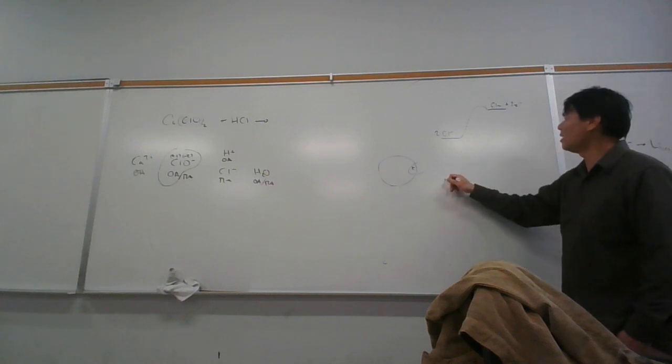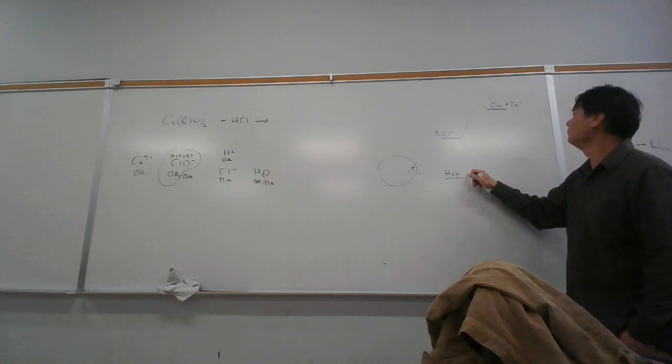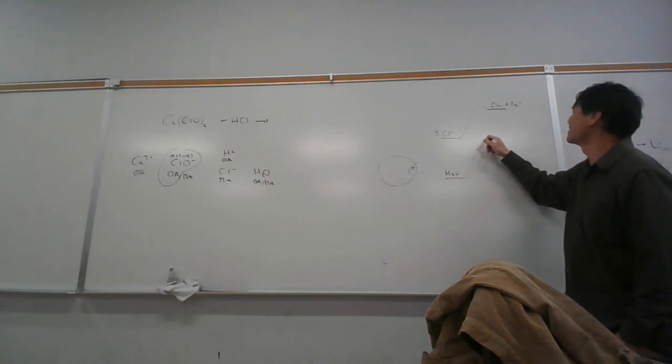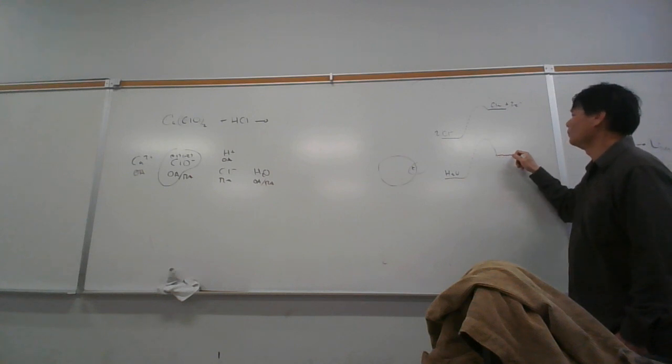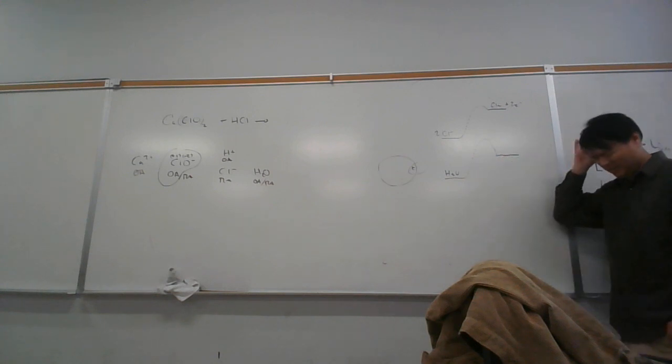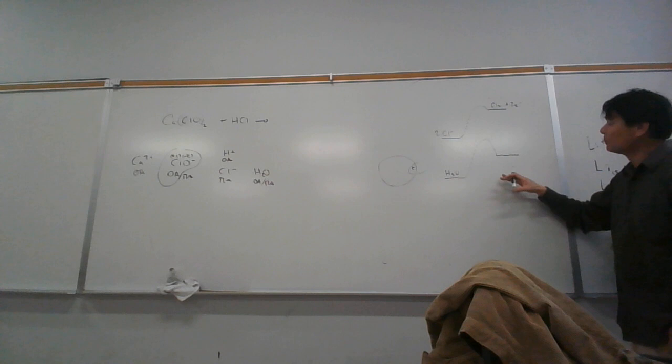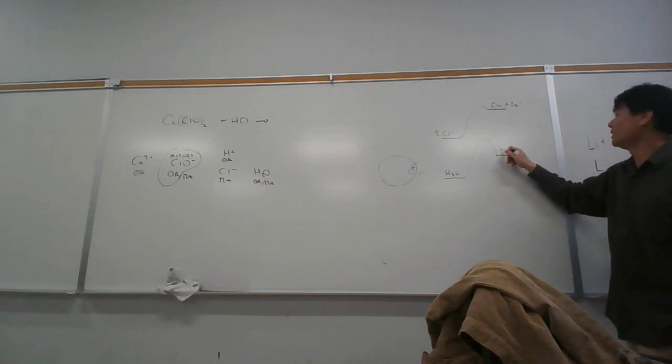But if we start off with water, then the return is going to be greater. That is, it's going to cost less overall energy. This is kind of weird because it's inverted in a way. And then we end up with 2H plus and O2 over here.